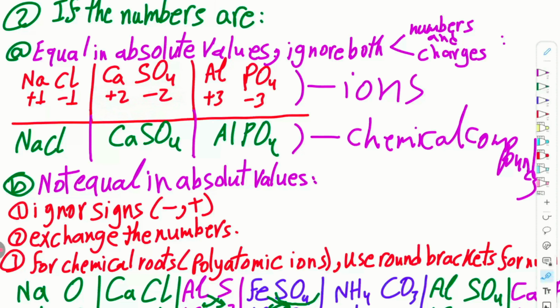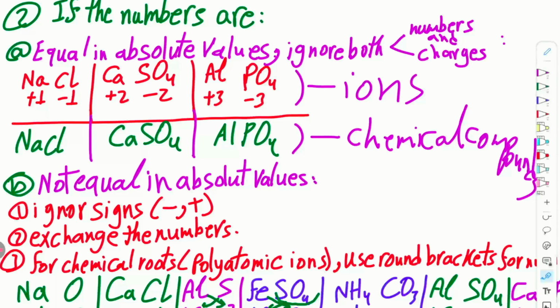Again, my friends, don't pay attention to the signs. As long as the positive is left and the negative right, the role of the positive and negative classification is finished now. Now we look at the numbers. Here we have 2 and 2. Again, if the numbers are 3 and 3, if the numbers are equal, we combine them with no numbers.